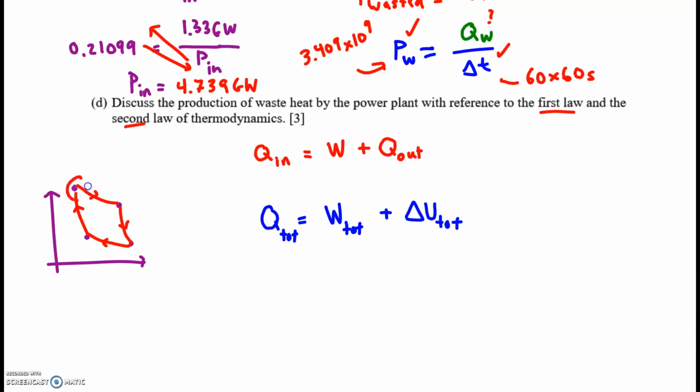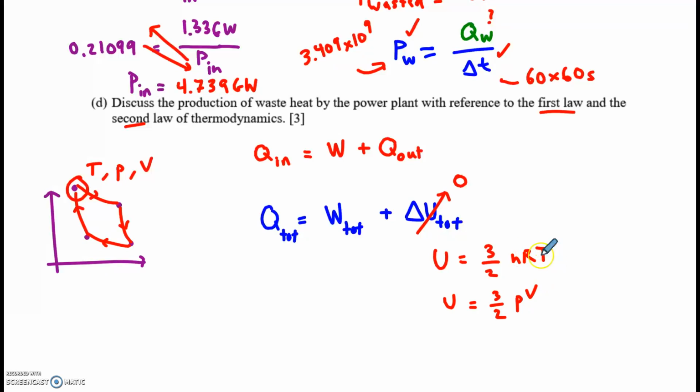If you end and start at the same place, at the same temperature and pressure and volume, then there is no change in internal energy. Internal energy is 3/2 nRT, right? Or 3/2 PV, we could say. So if you end at the same temperature as you start at, there is no change.